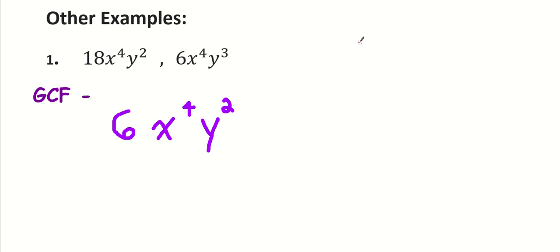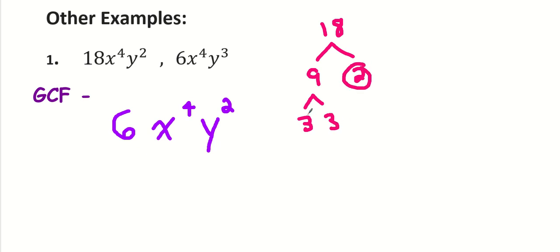Anyway, so here we go, 18. Your method here is to break down 18 into all of its prime factors, essentially its prime factorization. So we just start breaking it down. It doesn't matter how. Sorry, this is going to be sloppy because I'm writing with my mouse.